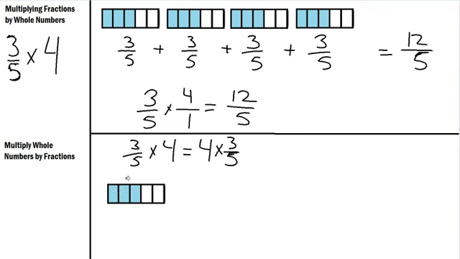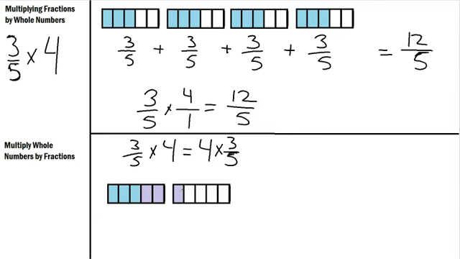I need another fifths because I can't do another group of 3/5 in this row. So I'm going to choose a different color just to show you. So then I'll do 1, 2. There's 3/5 there. Even though they're in separate fractions, that's still 3/5 because 2/5 plus 1/5 is 3/5.